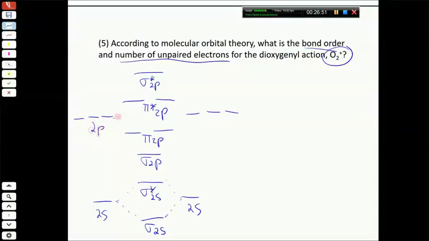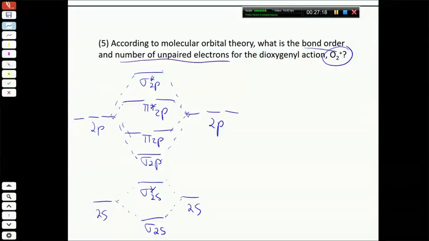Each oxygen has three 2p orbitals, so when you mix them together, you get 6 molecular orbitals, and that's these 6 here in the top part of the diagram. And you draw dashed lines to show which atomic orbitals contribute to each molecular orbital. So that's a more complete diagram, but as I said, all we really need here is the center part, with those in the correct order to be able to populate them with electrons.